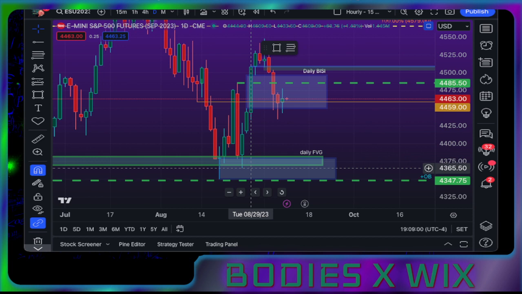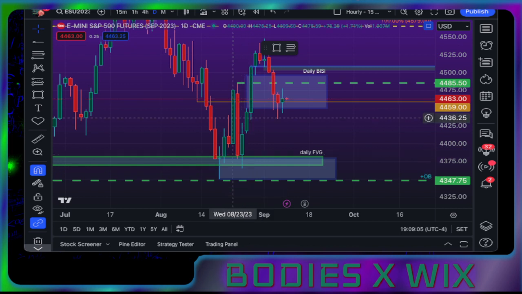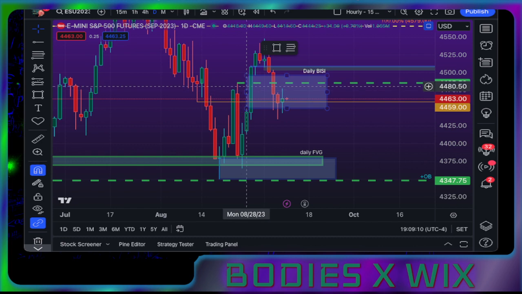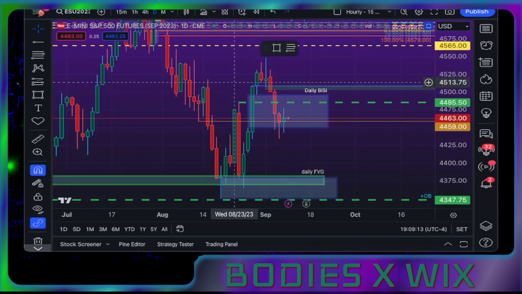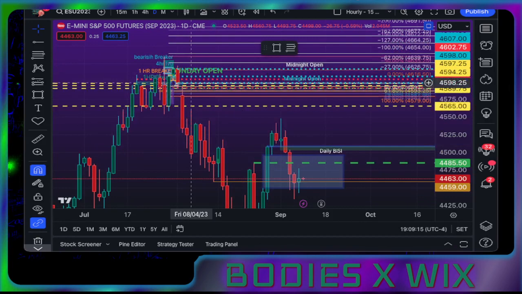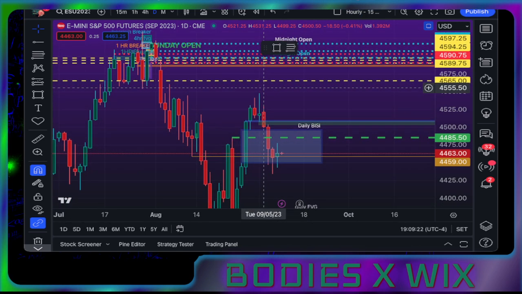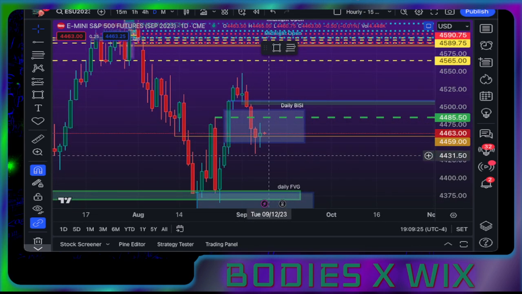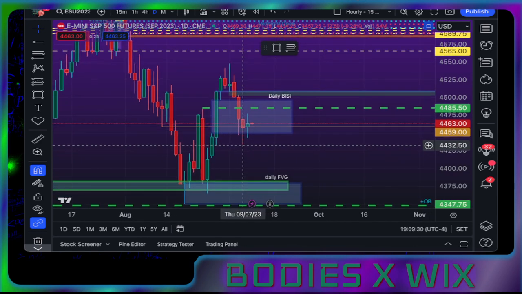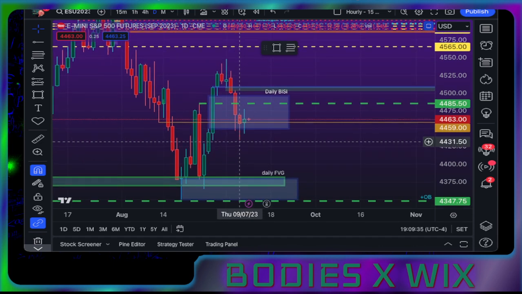So that's why it didn't get any farther down than about halfway, and then took off and went upwards, hit this break of structure here, and then barely closed above here. Now we're not a complete break of structure all the way up at the top, but we are slowly getting a higher high and a less lower low. So therefore, I don't have a complete bias going into Monday. I guess we'll just have to wait and see.